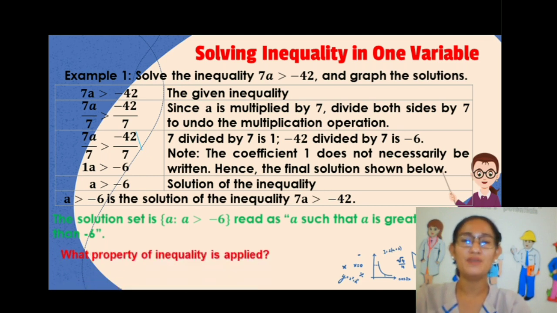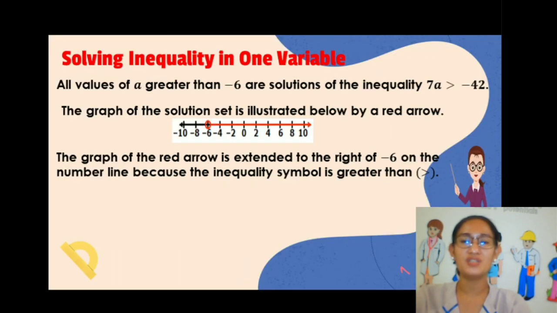What property of inequality is applied? Division property of inequality. All values of a greater than negative 6 are solutions of the inequality 7a is greater than negative 42. The graph of the solution set is illustrated below by a red arrow.